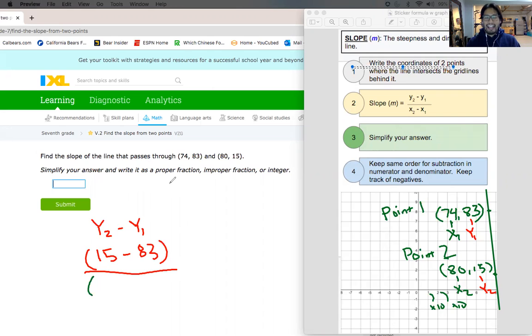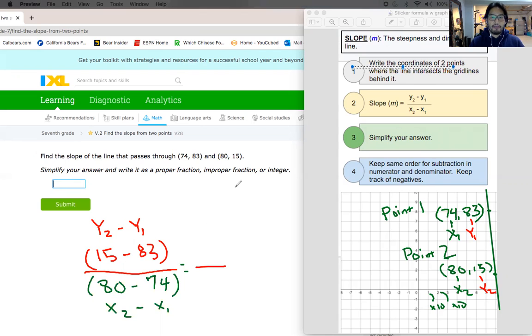I'm subtracting x coordinates from each other. X's go left and right, as you know. So that's the horizontal change. And I'm going to go 80, that's the x coordinate of point 2, minus 74, which is the x coordinate of point 1, x1, right?